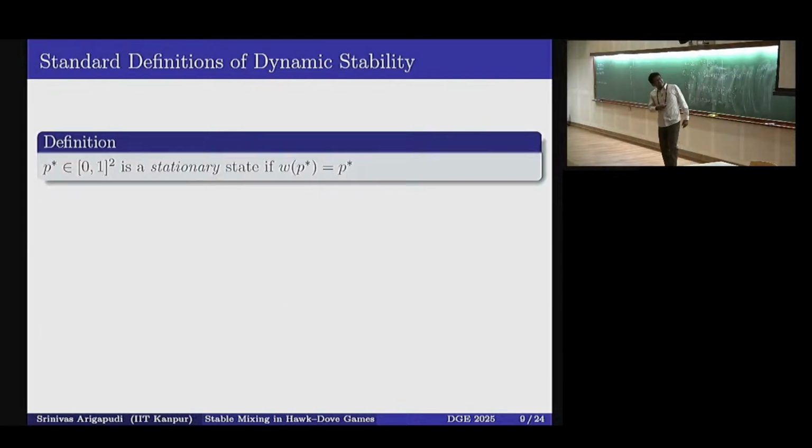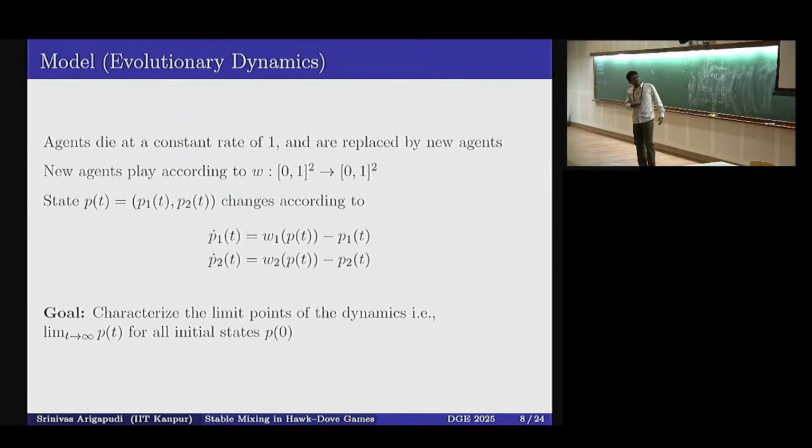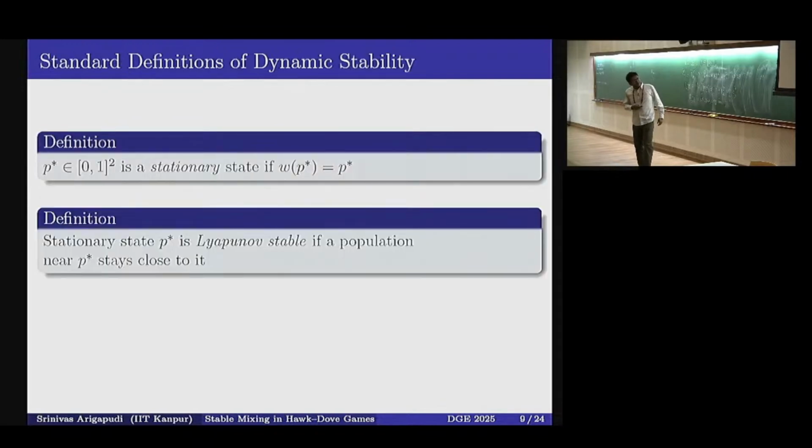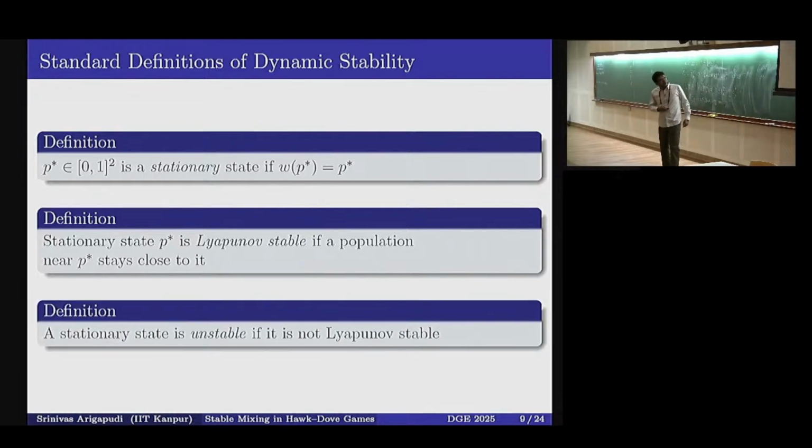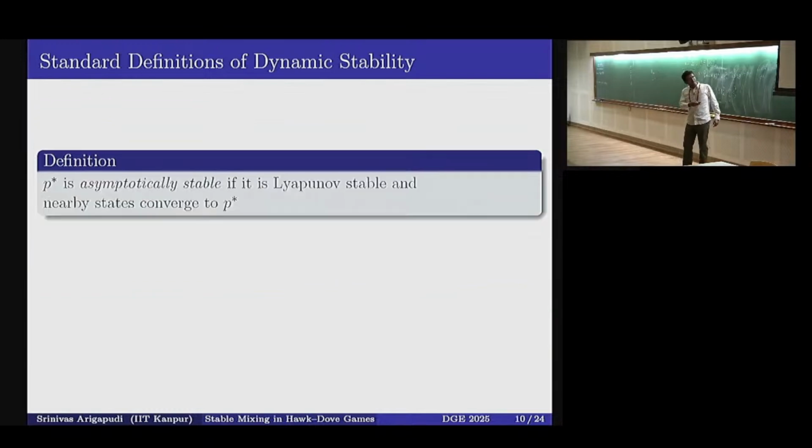Great, some standard definitions, so I'll just quickly go through these definitions. P star is said to be a stationary state if it is a rest point of these dynamics. And a stationary state is said to be Lyapunov stable if, when a population starts near it, it stays close to it. If it is not Lyapunov stable, then it is said to be unstable.